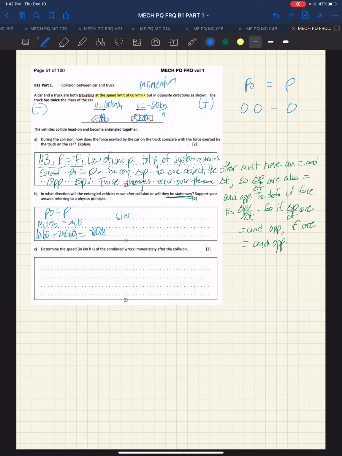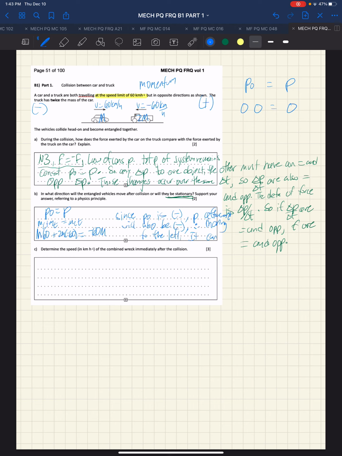So since the P0 is negative, P afterward will also be negative. Therefore, moving to the left.